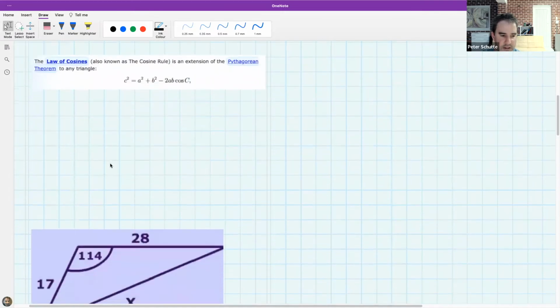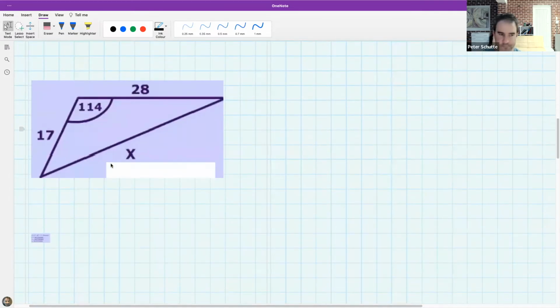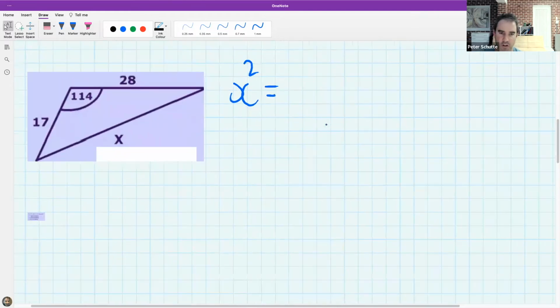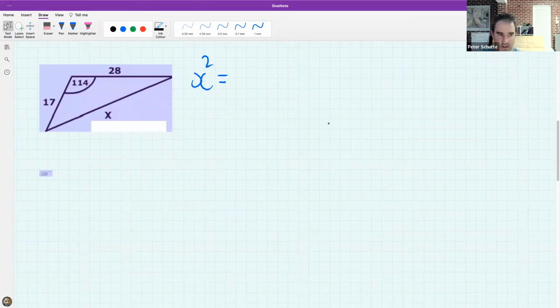So let's do this one over here. I want you to start by writing down x squared equals. And I want you to write that out in terms of this new thing called the cos rule.